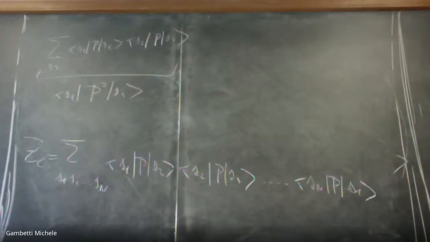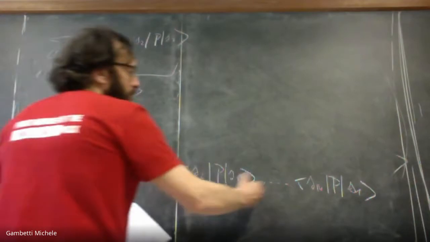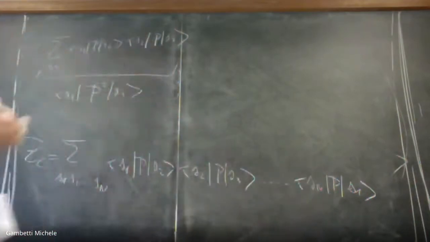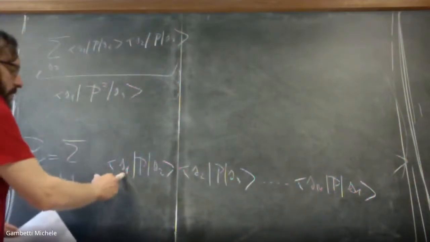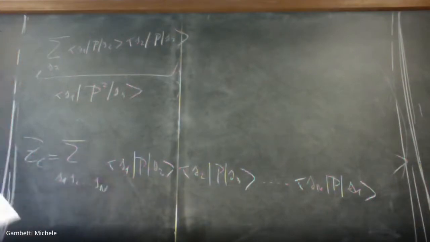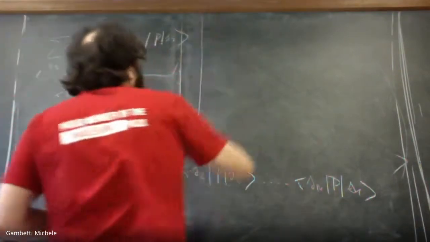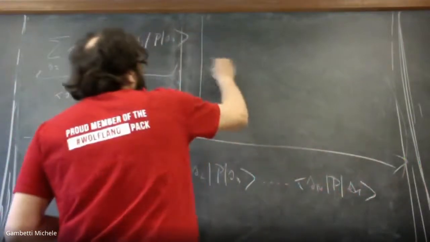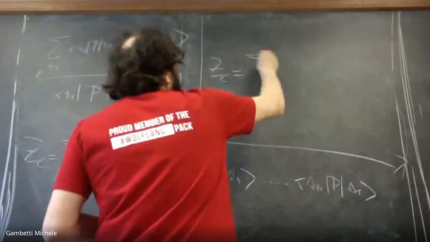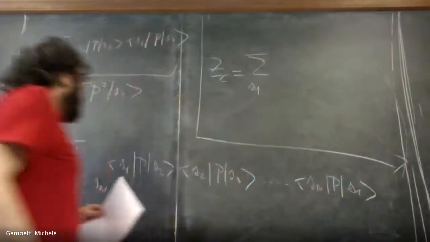And of course, the same will be when considering all the other terms, okay? So at the end, the sum is just a product of P by itself n times, and at the end sum over S1. Okay, so at the end you can write the canonical partition function as the sum over S1, which is left from here.